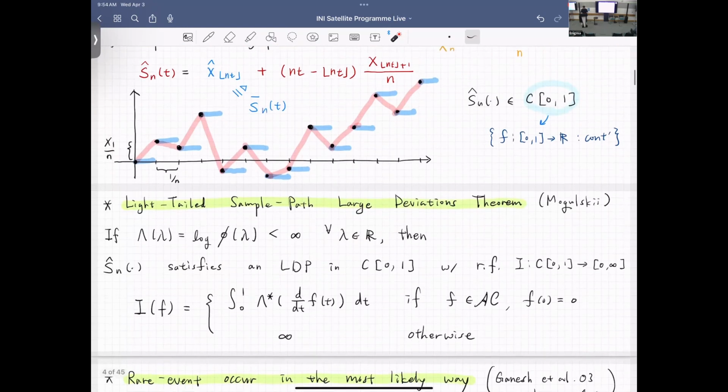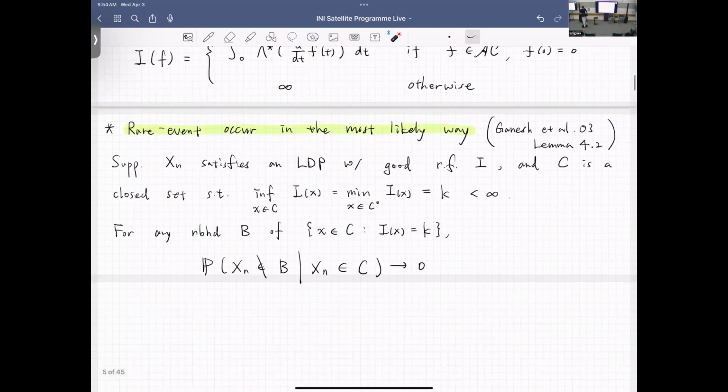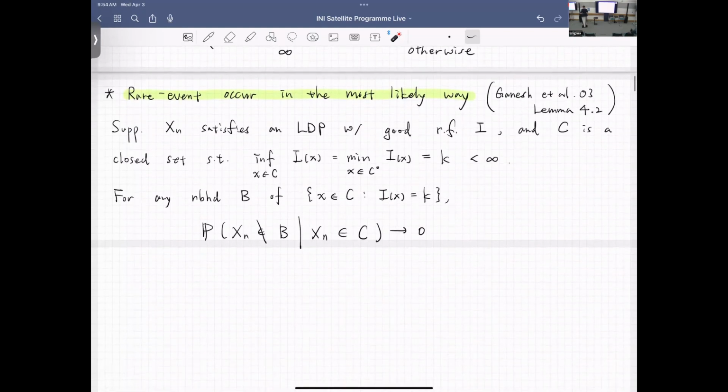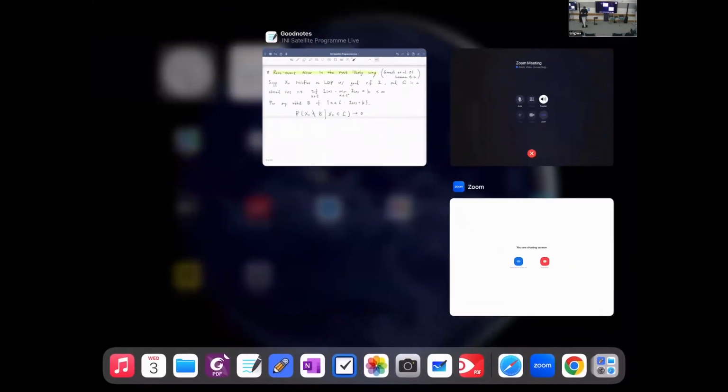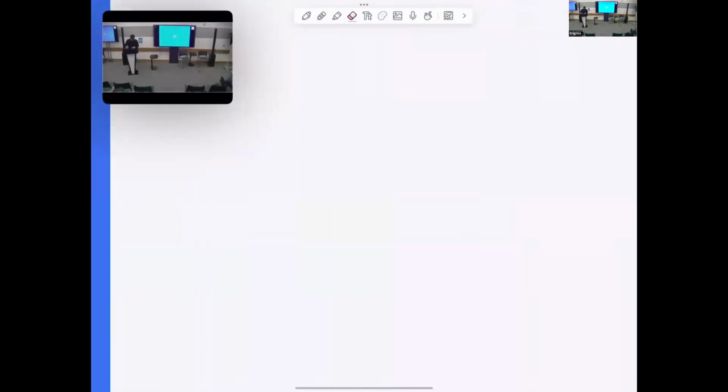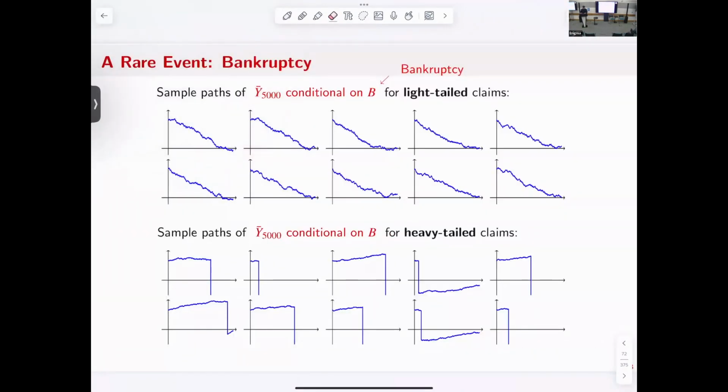Okay, so let me finish the discussion of the light-tailed LDP with what makes it so useful. The rare event occurs in the most likely way. We have already seen this.